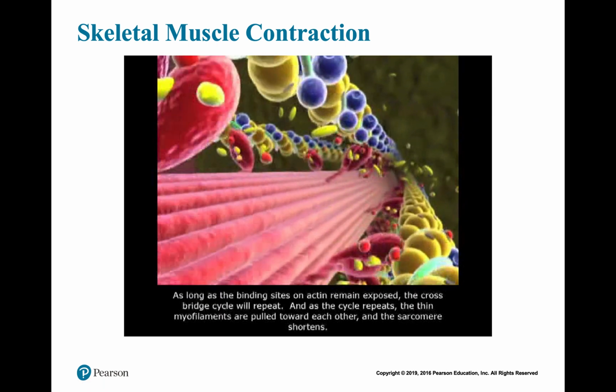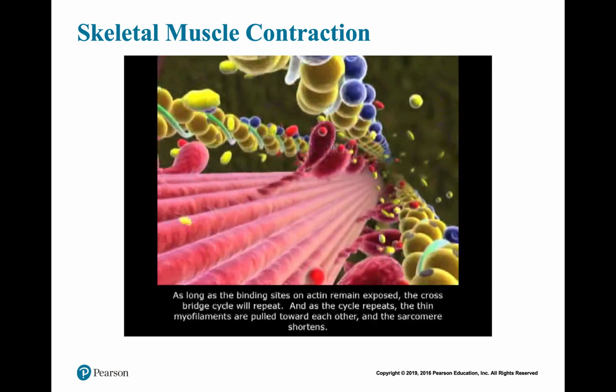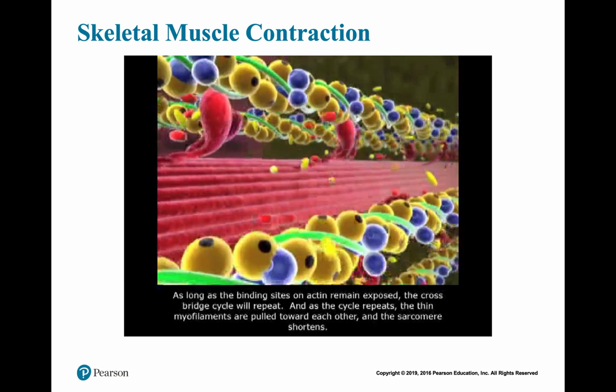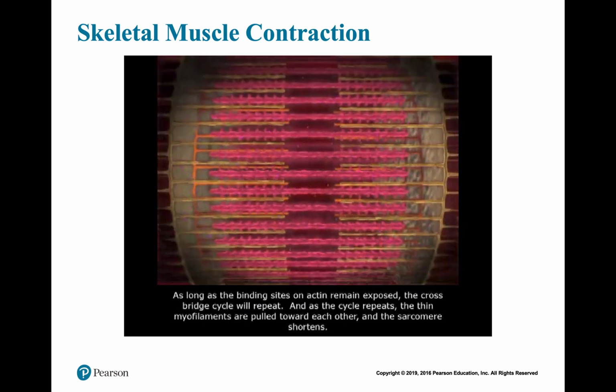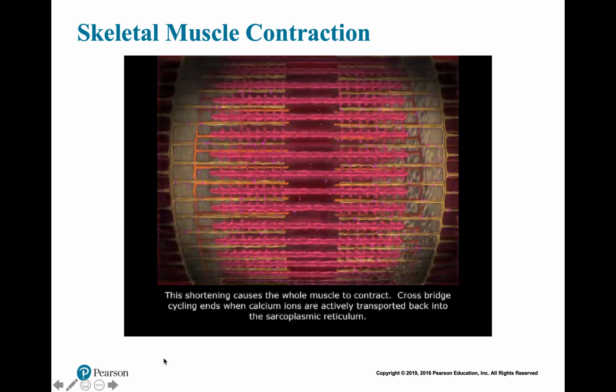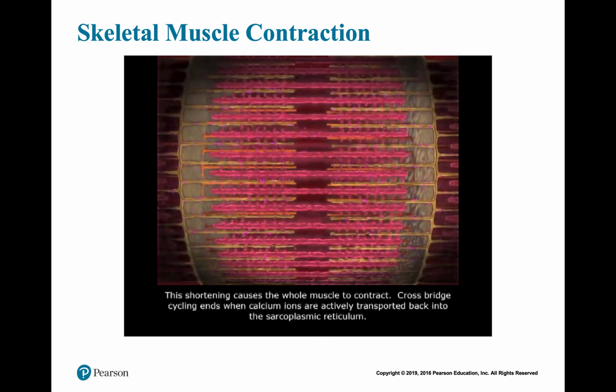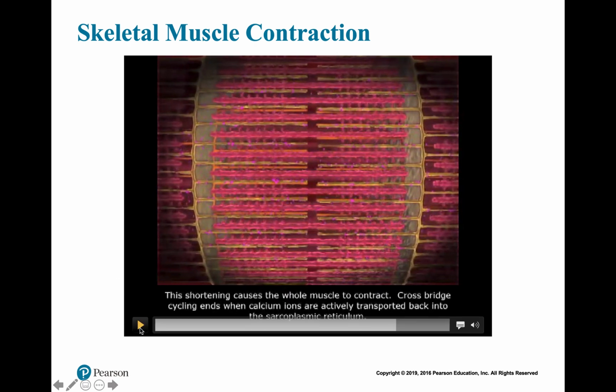As long as the binding sites on actin remain exposed, the crossbridge cycle will repeat. And as the cycle repeats, the thin myofilaments are pulled toward each other and the sarcomere shortens. This shortening causes the whole muscle to contract. So I like this because it's showing you all these little myosin heads undergoing the crossbridge cycle over and over again, pulling the actin filaments in towards the M line.